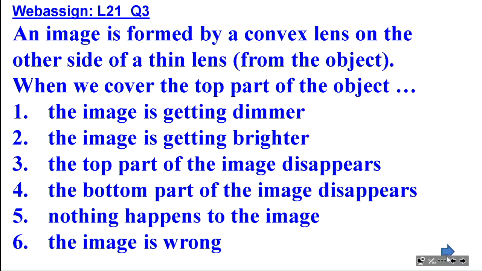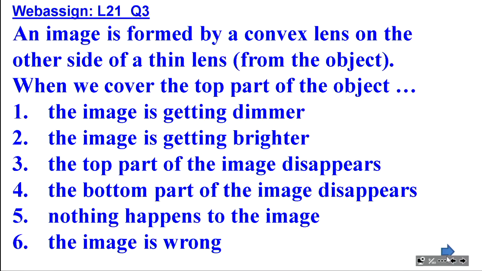Well, you have answered, and now you can check your answer. You can see what's happening. The top part of the image remains bright, but the bottom disappears. Why? Well, because as we know, the image is inverted. That's it.